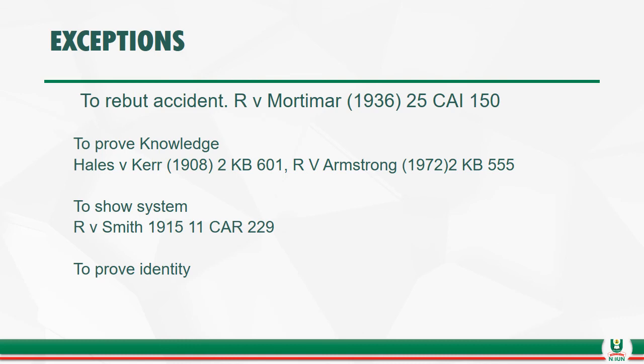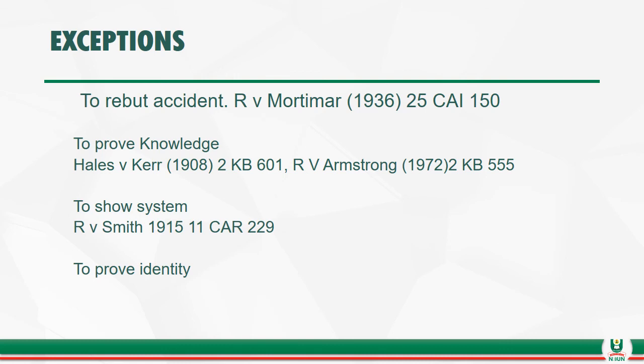Another exception is to prove knowledge. If the accused person is saying that he didn't know, evidence can be shown that he actually knew, or he ought to have known, that the consequences of his conduct would lead to that, or he knew what he was doing.